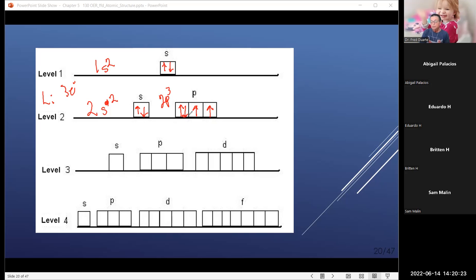Which means it's a nonmetal. So the electron configuration for oxygen would be 1s2, 2s2, 2p4. Here's the outermost shell, the p energy level.